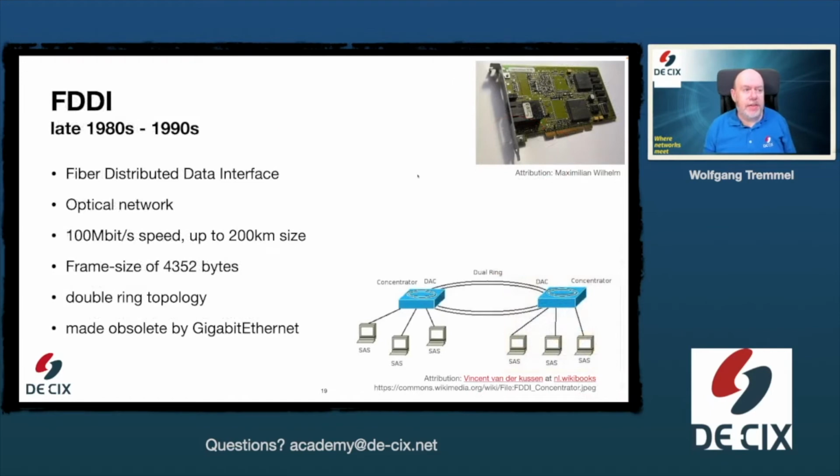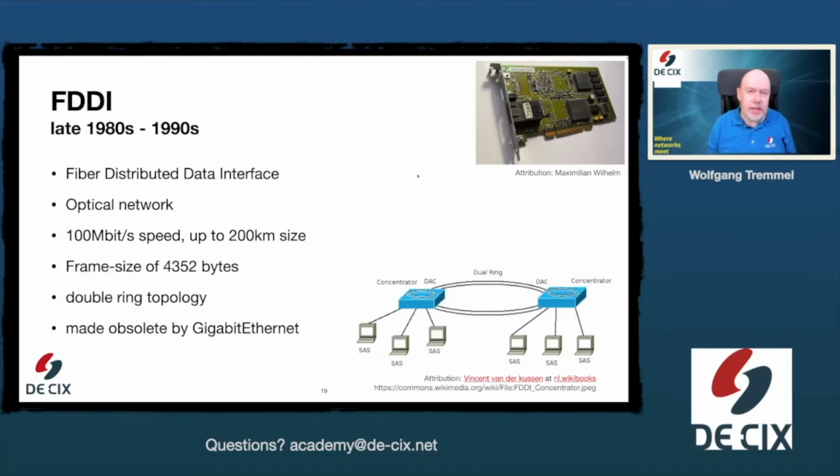A kind of successor to Token Ring was called FDDI, and FDDI was the first network which only relied on fiber network connections. Instead of one ring, it used 2 rings for redundancy. It had a speed of 100 megabit per second and could be 200 kilometers in size because of fiber.